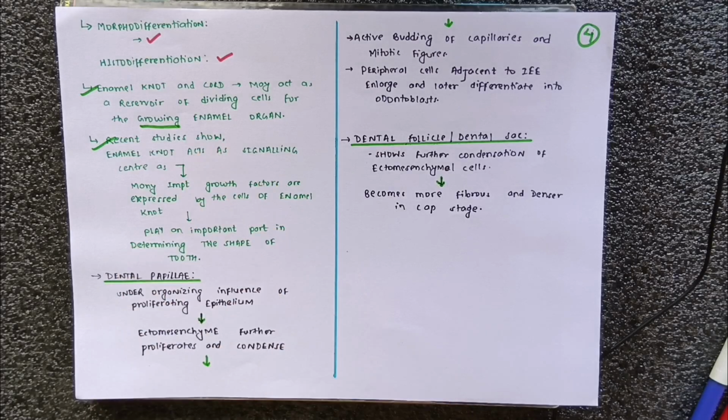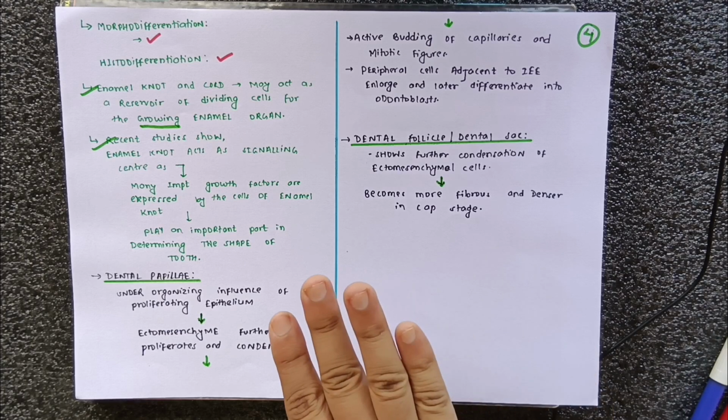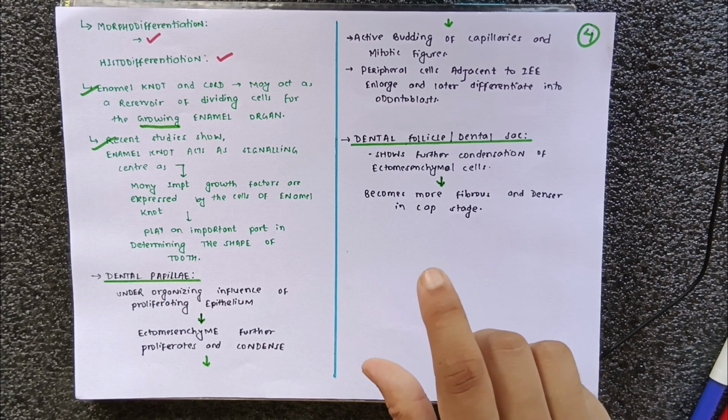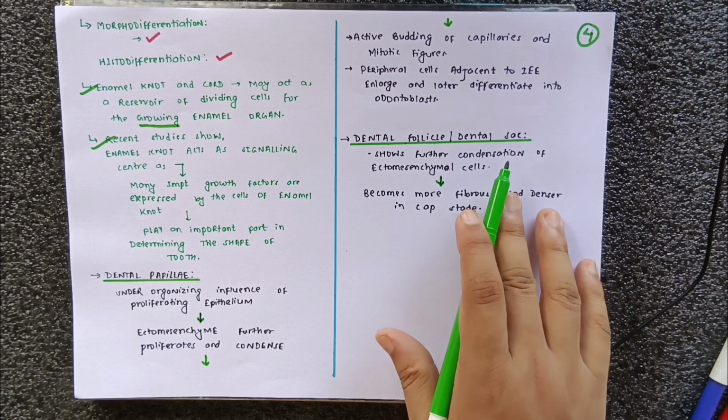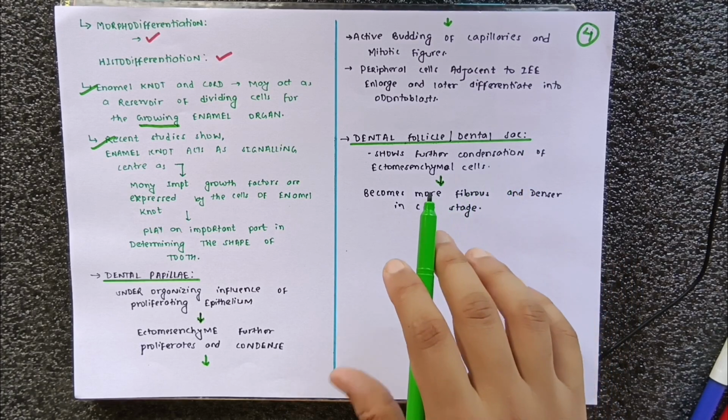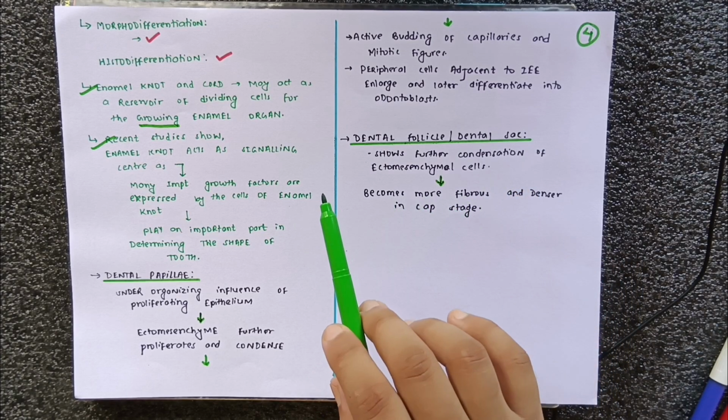Okay, so we can remember just two functions. Particularly for the transient, temporary structures like the enamel knot and enamel cord, they have the reservoir function: they store dividing cells in the growing enamel organ.